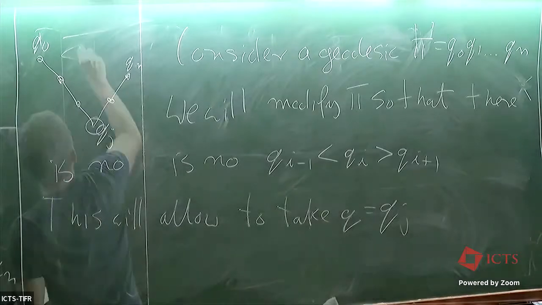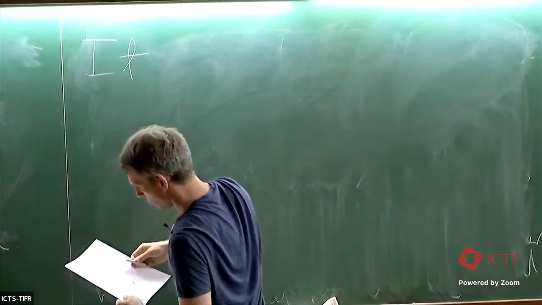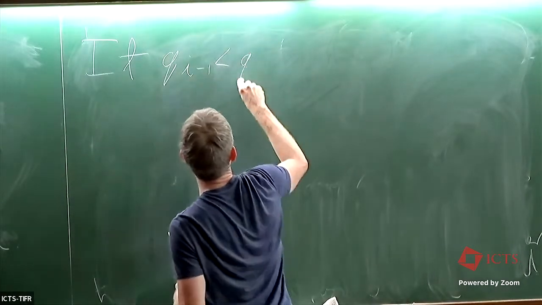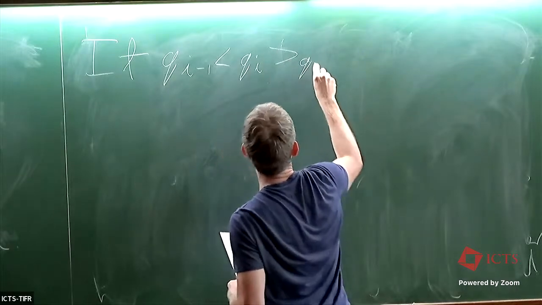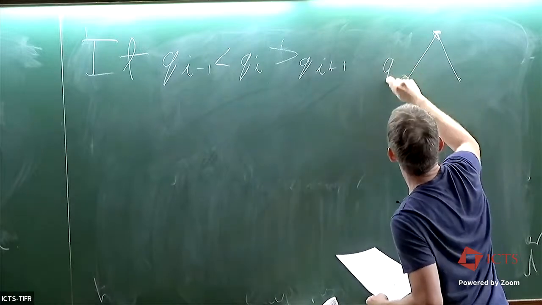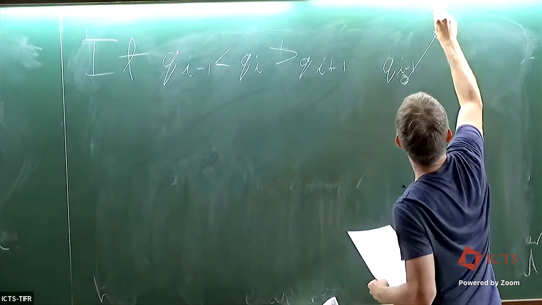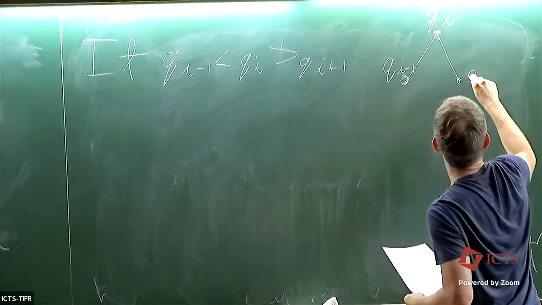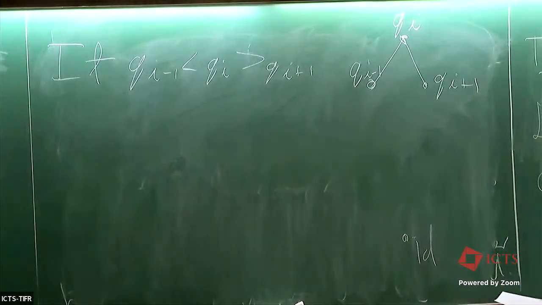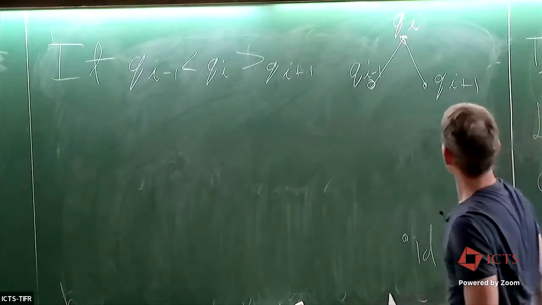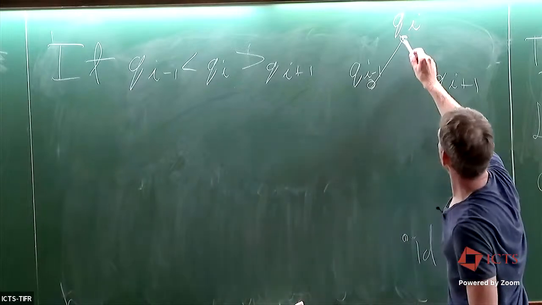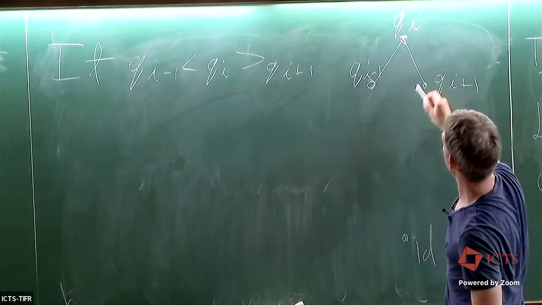Okay, so what happens if we have this bad configuration? What happens if we have Qi minus 1 smaller than Qi larger than Qi plus 1? So we have Qi minus 1, Qi, Qi plus 1, and identity is somewhere here. Then we look at the walls that cross these two edges at the midpoint.